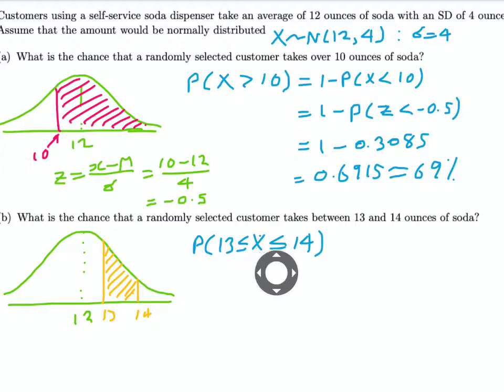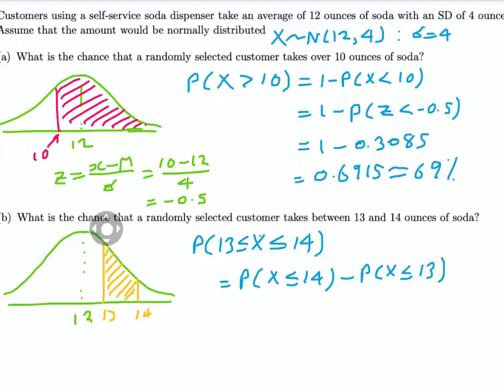Whenever we have in this form, in a range, upper bound and lower bound, then you should write down X less than or equal 14, first the bigger one, then the smallest one. So minus probability X less than or equal 13. Always this is the case for this type of problem.